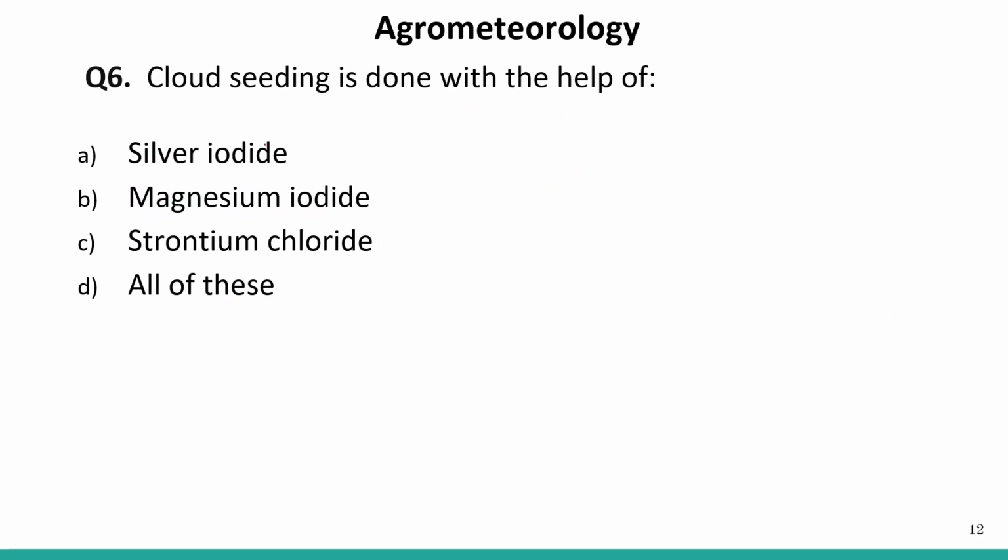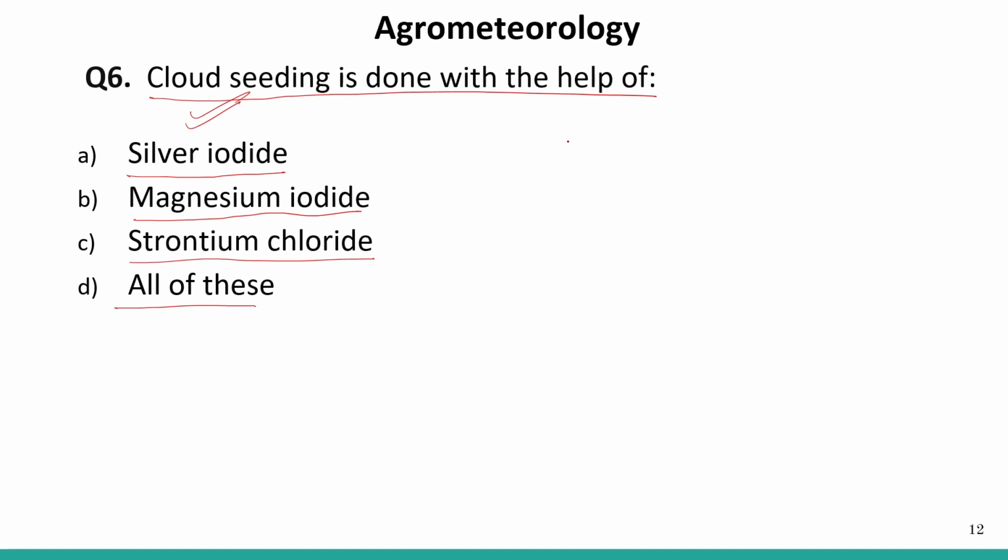Next question. Cloud seeding is done with the help of: silver iodide, which is a compound; magnesium iodide, also a compound; strontium chloride; or all of these. So what is cloud seeding? Let us first understand that.